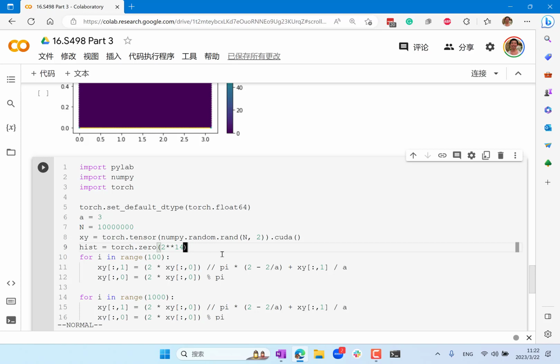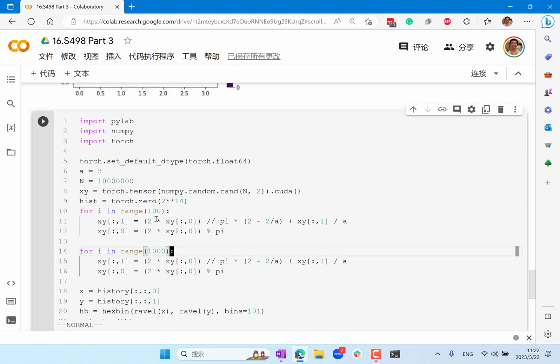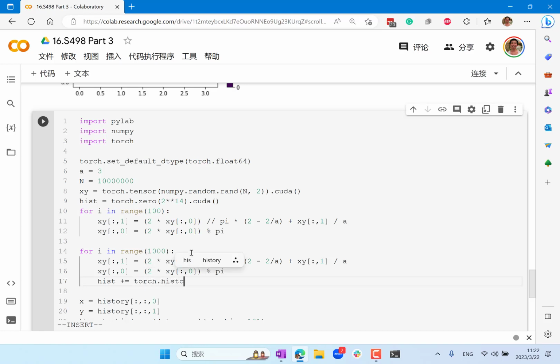All right, that's my histogram, and after these 100 iterations, I'm going to do 1,000 iterations, and put it into GPU. The histogram is going to be plus equal to torch.histogram. I'm going to use the y direction, and I need 2 to the 14 bins, and from 0 to 2 is the range.